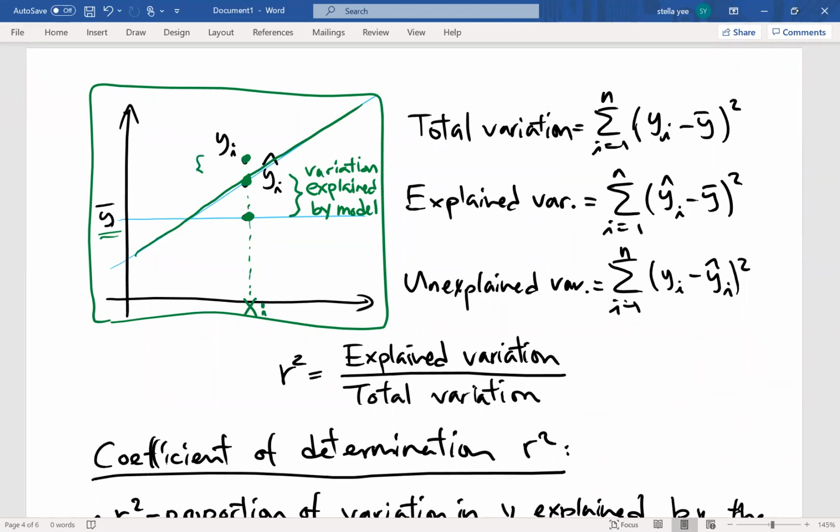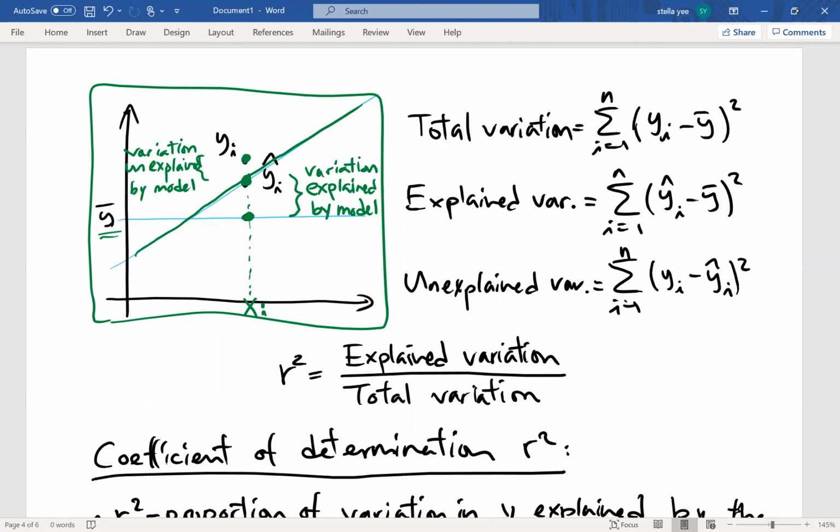And the distance from the approximated value to the actual value is the variation that's unexplained by the model. It might be that there are other variables you're not considering, or maybe it's just random chance. But this part was not captured by the relationship between x and y that we computed.